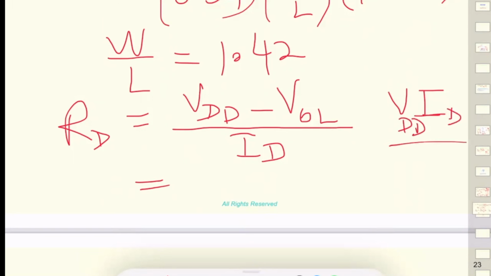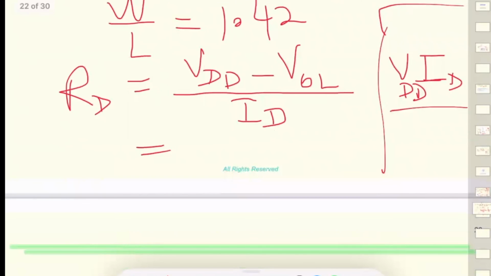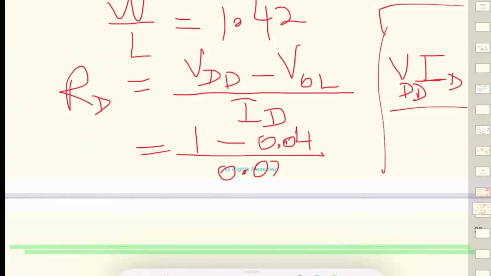But here VDD is 1, my low output voltage is given as 40 millivolts, so 0.04 divided by my ID, which is 0.02. So I get my drain resistance, 48 kilo ohm.